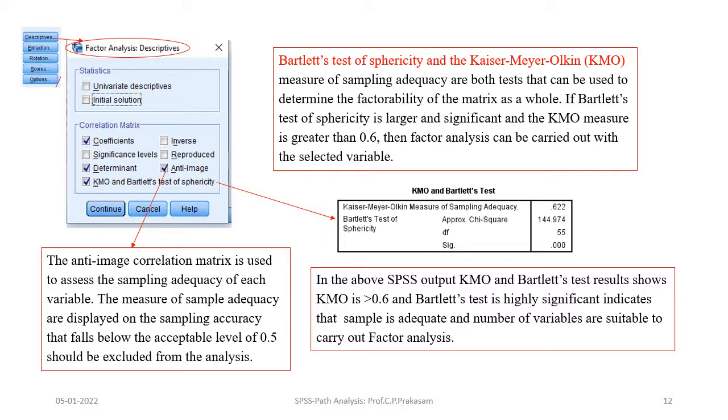But examining the anti-image correlation in detail becomes a little difficult for the researcher. Therefore, most researchers use KMO and Bartlett's test of sphericity for the variable inclusion as well as the adequacy of observations.